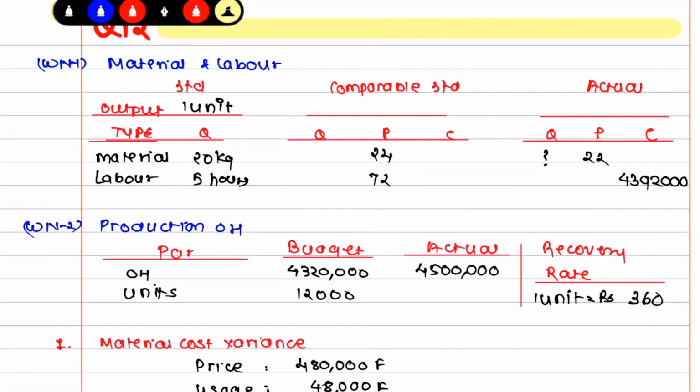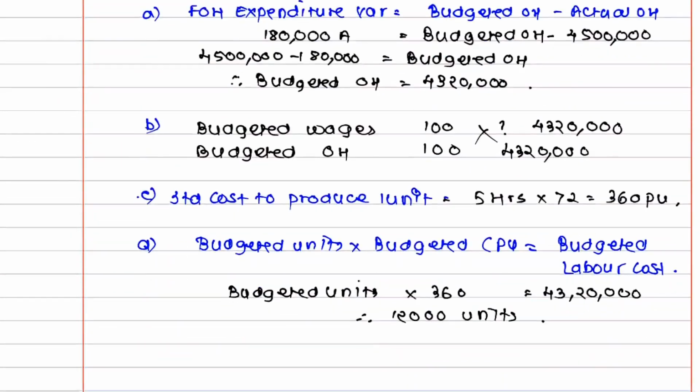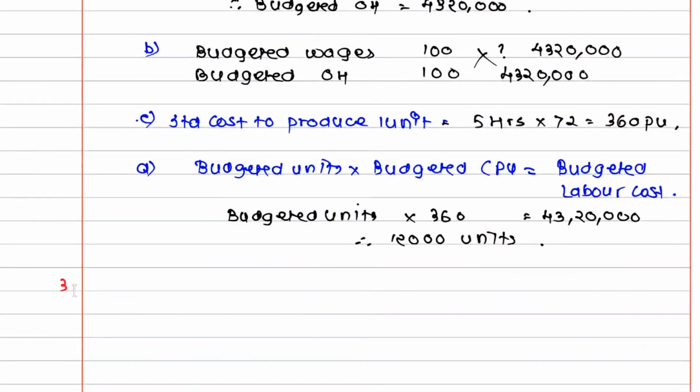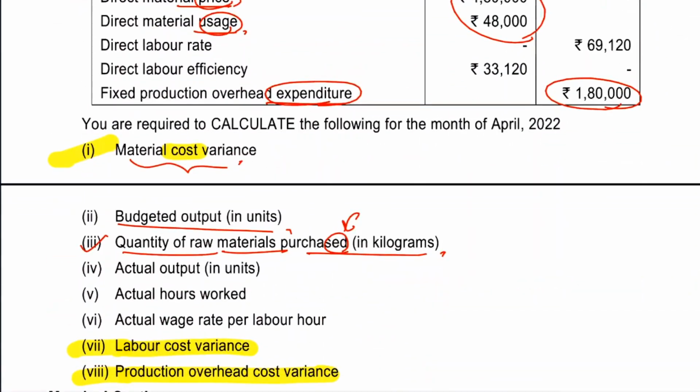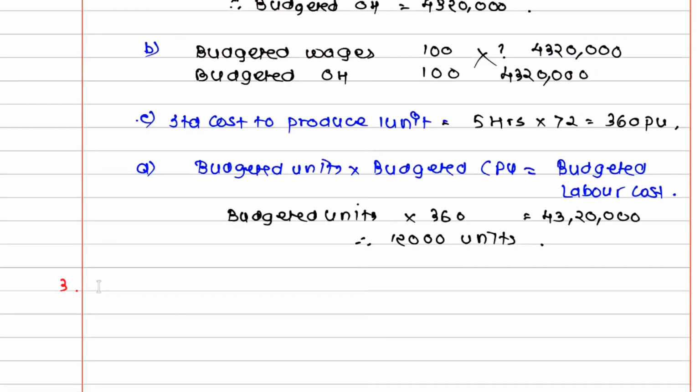Let me write down that question's third requirement. Quite lengthy actually: actual quantity of raw material purchased. So I have the price variance with me.